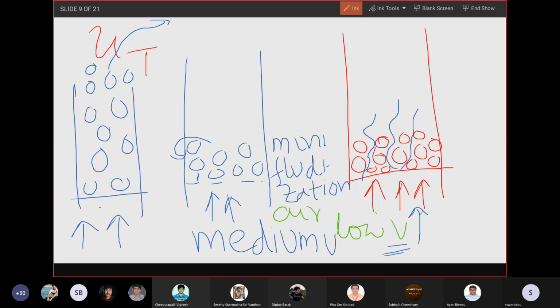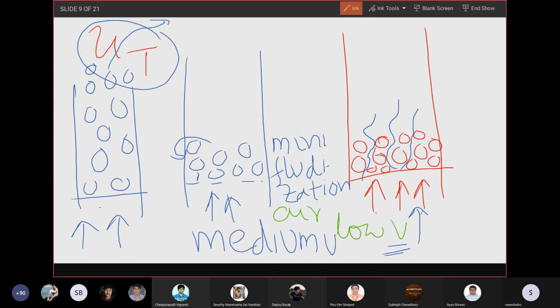As you increase the velocity of air, the particle velocity will increase. But at some point, even if you increase the air velocity, the particle velocity will attain a certain constant value, and the particles will move with that value. That velocity is called terminal velocity, the steady settling velocity, at which the particles are moving along with the air.